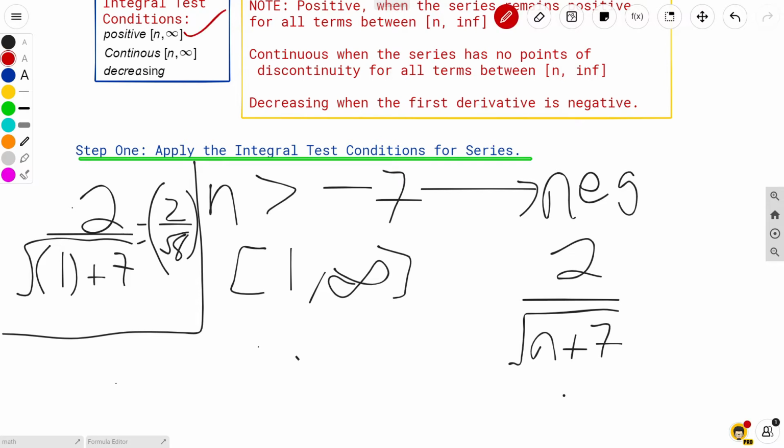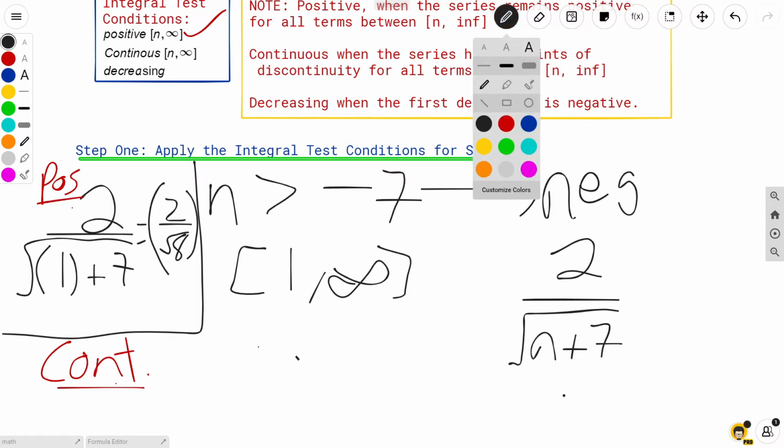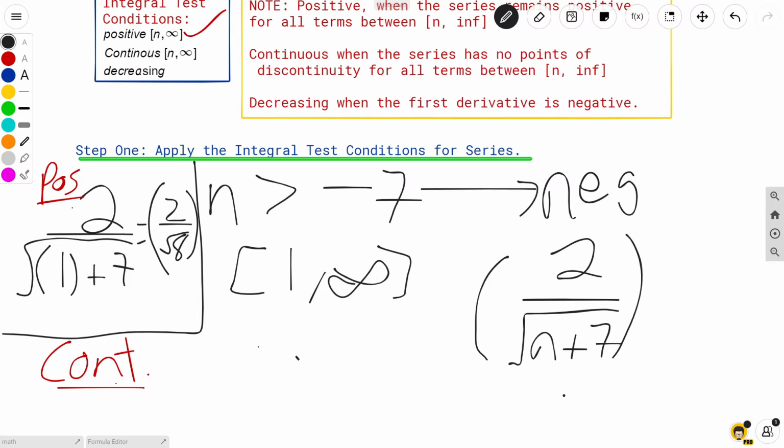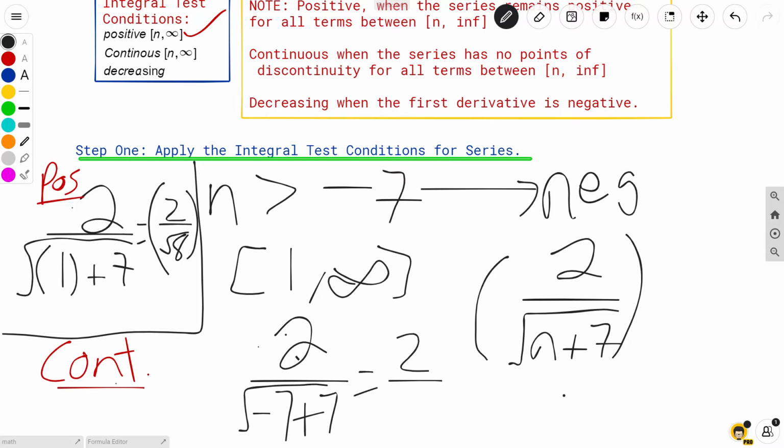Now, is it continuous? I'm going to write positive here, and over here I'm going to test if it's continuous. How do we test for continuity? We ask ourselves, at what points would this function be discontinuous? It would be discontinuous if n is equal to negative 7, because then 2 divided by the square root of negative 7 plus 7 is equal to 2 divided by 0.